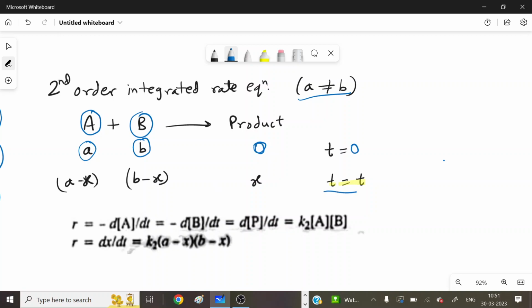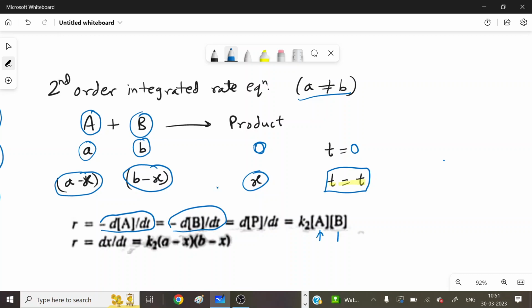At time t, the product concentration is small x, and obviously the concentration of reactant A left behind is a minus x and the concentration of B left behind is b minus x. We know that rate is equal to minus dA upon dt, is equal to minus dB upon dt, or is equal to dP upon dt, is equal to k2 into concentration of A into concentration of B. It is also equal to dx upon dt.